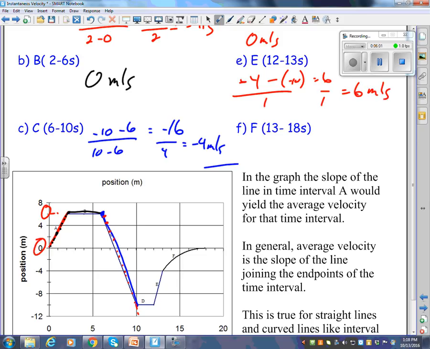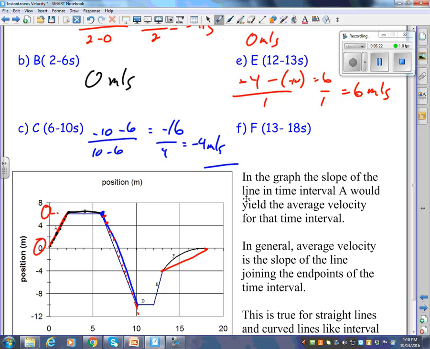But what do you do when it's a curvy line like this? We haven't seen a curvy line yet, have we? We have not. But we are interested in the average. And so all you do is find the slope of the line that connects the two endpoints. Okay? That's all you need to do.